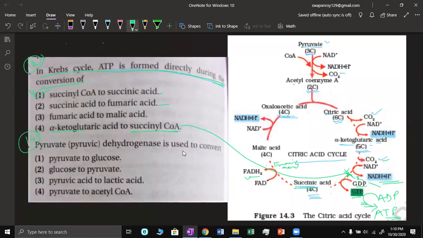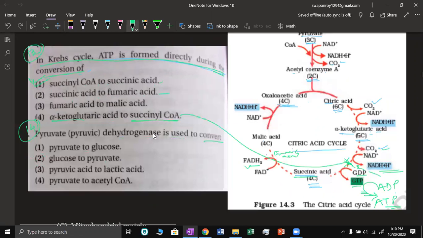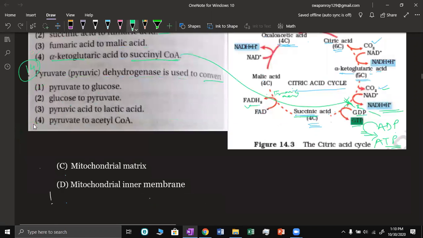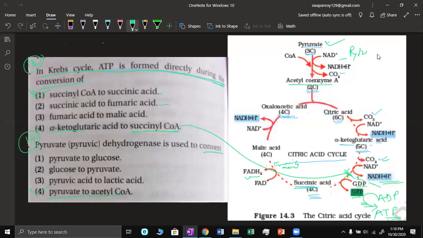Pyruvate dehydrogenase is used to convert pyruvate into acetyl coenzyme A. The enzyme is pyruvate dehydrogenase. Okay.